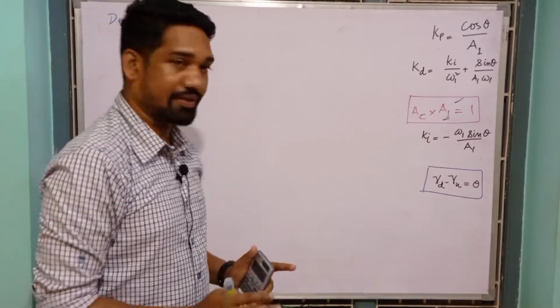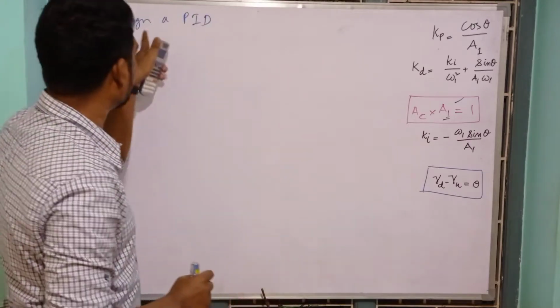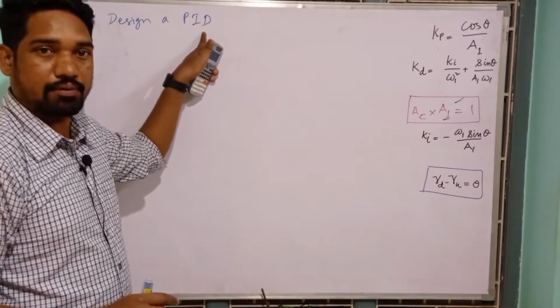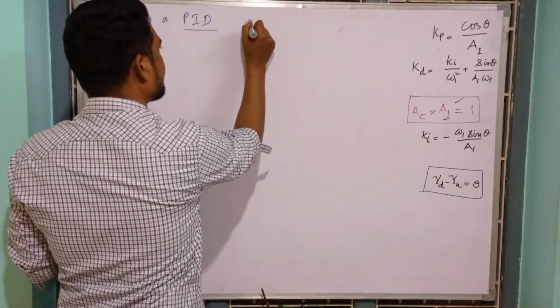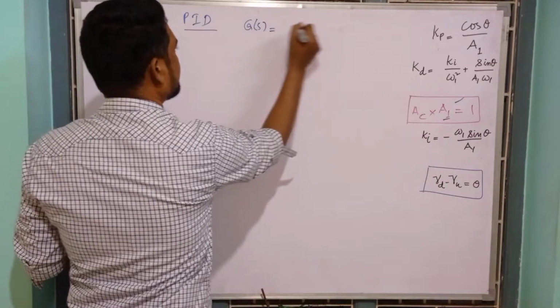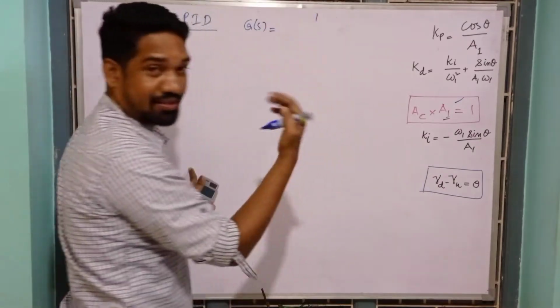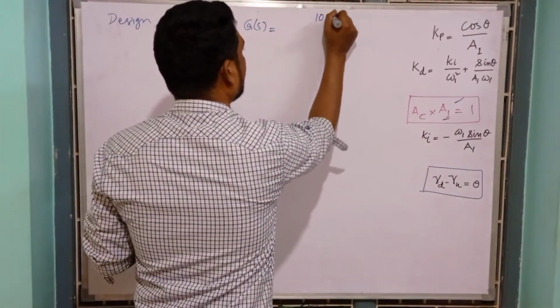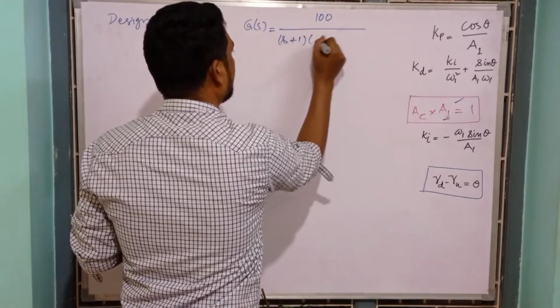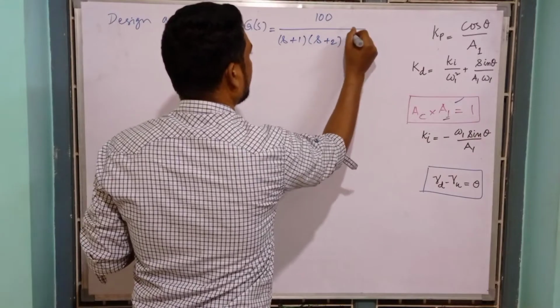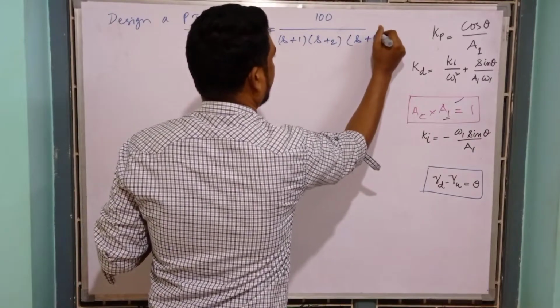Okay, now as far as this problem is concerned, it's asked to design a PID controller, right? The open loop transfer function G of s is given as 100 upon s plus 1 into s plus 2 into s plus 10.